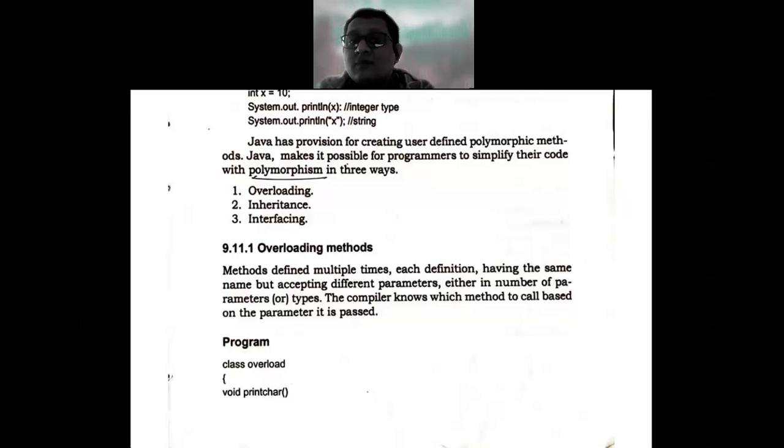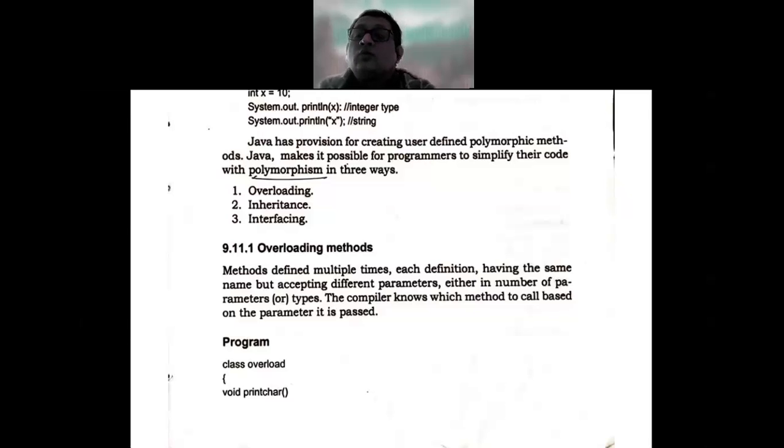For example, suppose add(int x, int y), then you can have another function add(int x, int y, int z). Here the data types are all the same but the number of parameters is different. Or if you want to keep the number the same, int x, int y, then you can have another function add(float x, float y), that will also be a different version, or string x, string y, another version.